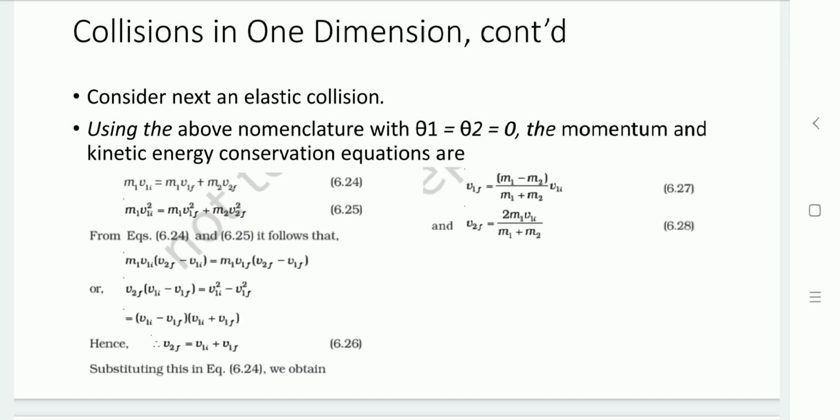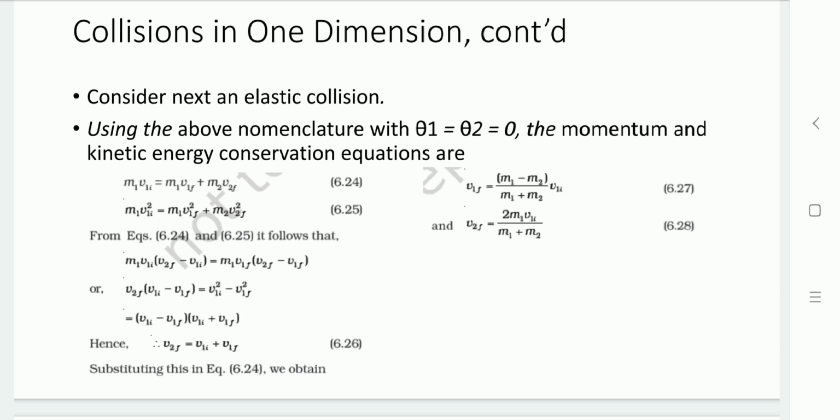Now substituting this equation of v2f in the first equation 6.24, we will make v1f the subject of the formula, and we will get v1f equal to (m1 minus m2) divided by (m1 plus m2) into v1i, and v2f equal to 2 m1 v1i divided by (m1 plus m2).